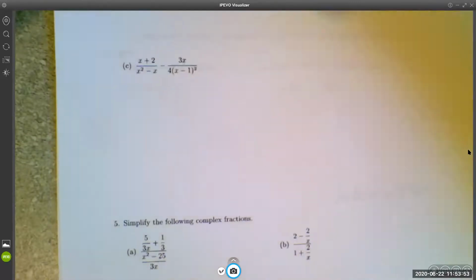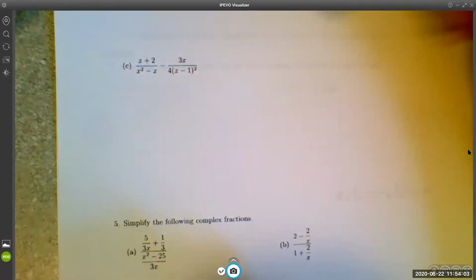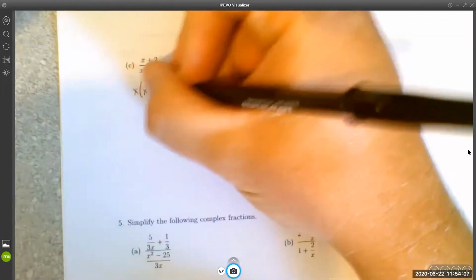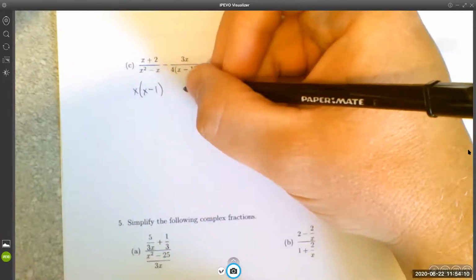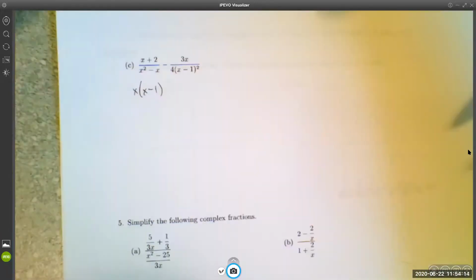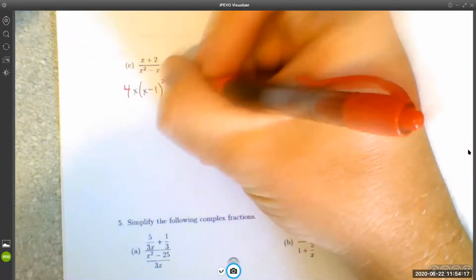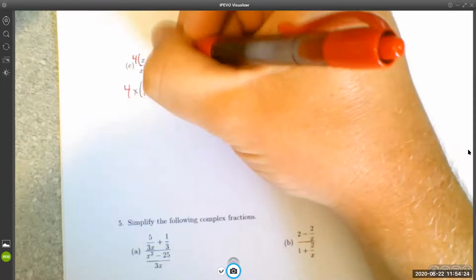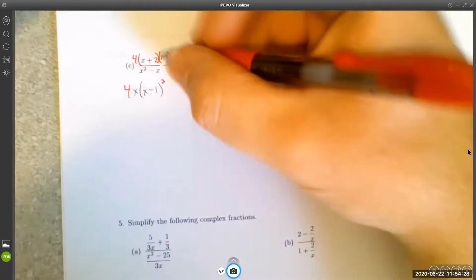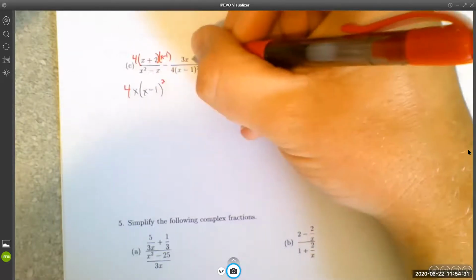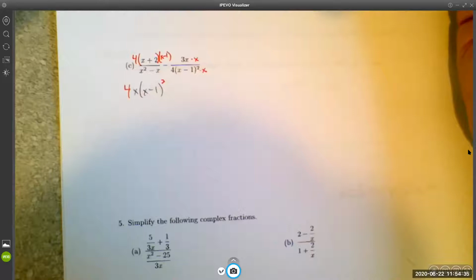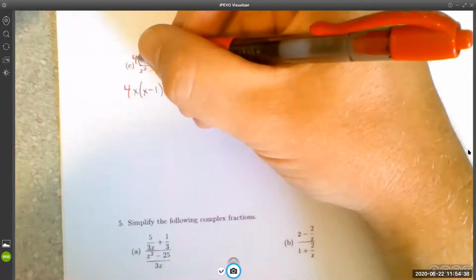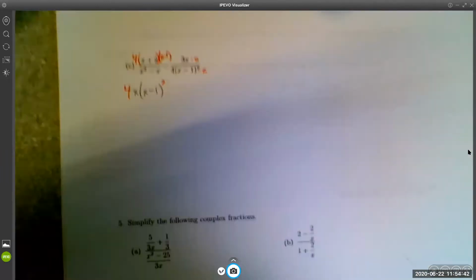And part C. Again, give the video a pause. See if you can work this out on your own. Okay, here's my solution. Okay, yeah.